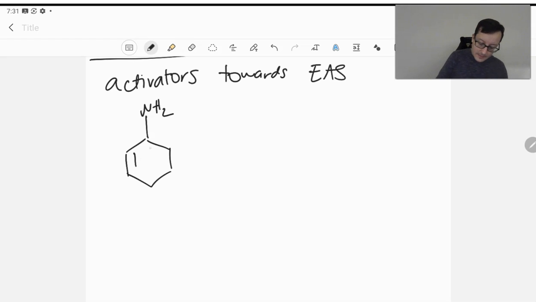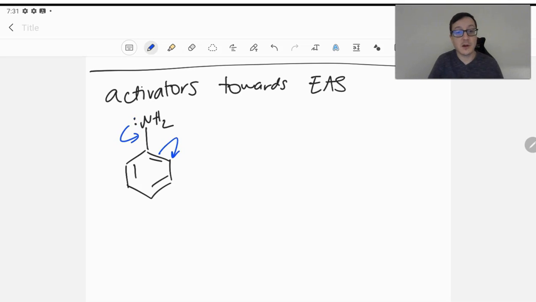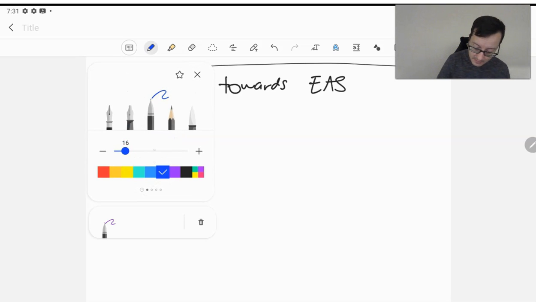When we look at aniline, it has a lone pair on the nitrogen, and that lone pair is free to resonate. And when it does so, we can resonate in multiple ways, and I'm going to try and just draw them all at once. So we have option one where we put the blue arrows, we're going to put electron density onto that ortho position on the right. That's option one.